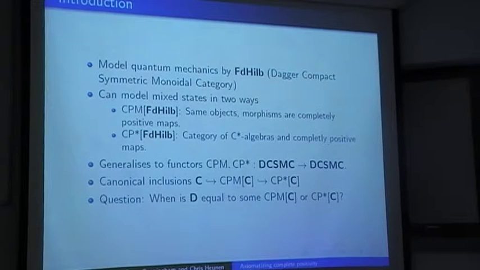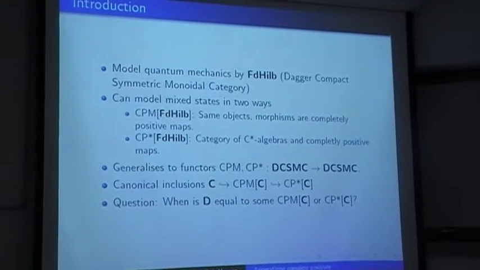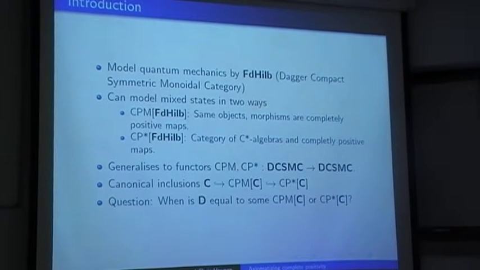So, in quantum mechanics, the systems we deal with, we think of them as being Hilbert spaces. In this talk, I'm going to talk about finite dimensional Hilbert spaces, just for simplicity. And the morphisms between them, the processes, are the unitary maps, but we're just going to think about the non-normalized versions, so just linear maps.